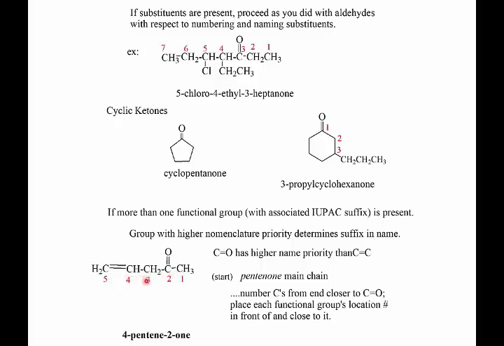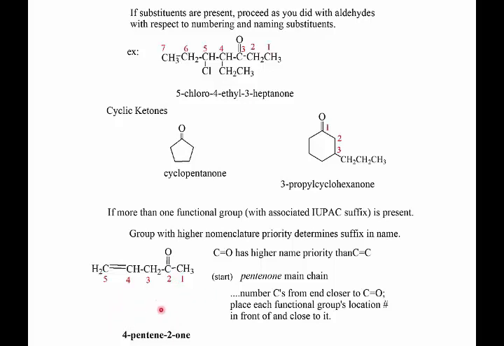We have to indicate now the location number of each functional group. The ketone, which is the main group, and then the location of the alkene group, which would have a lower functional group status. What we want to do is put the location number as close to the group it refers to as possible. And so here we go.